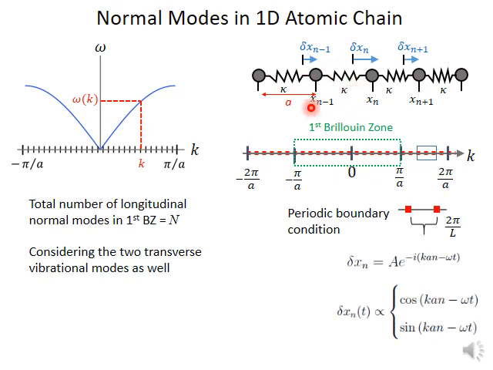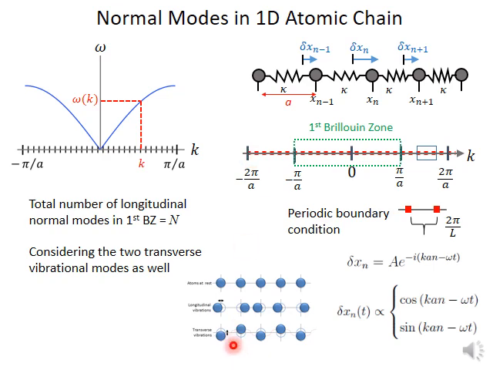Now consider not only the longitudinal displacement, but also the transverse vibration. A longitudinal vibration represents displacement along the direction of propagation, and a transverse oscillation represents displacement perpendicular to the direction of propagation of the wave.